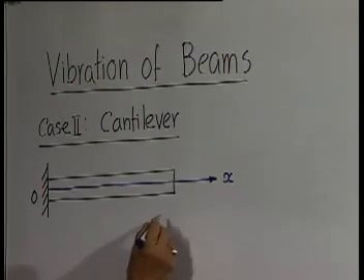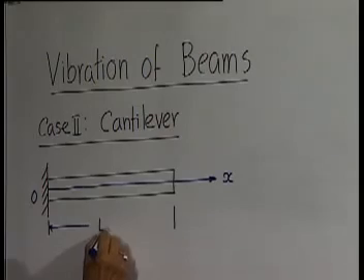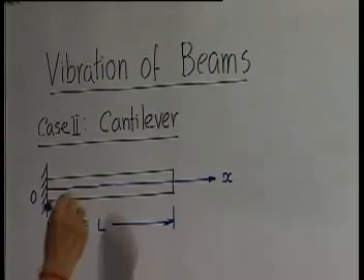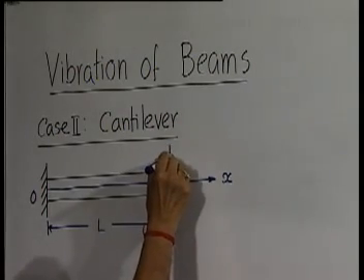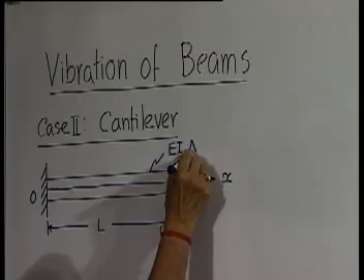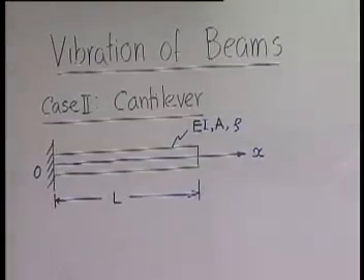That means one end fixed and the other end free. The length of the beam is L, its flexural rigidity is EI, its cross-sectional area is A, and the density of the material of the beam is rho.